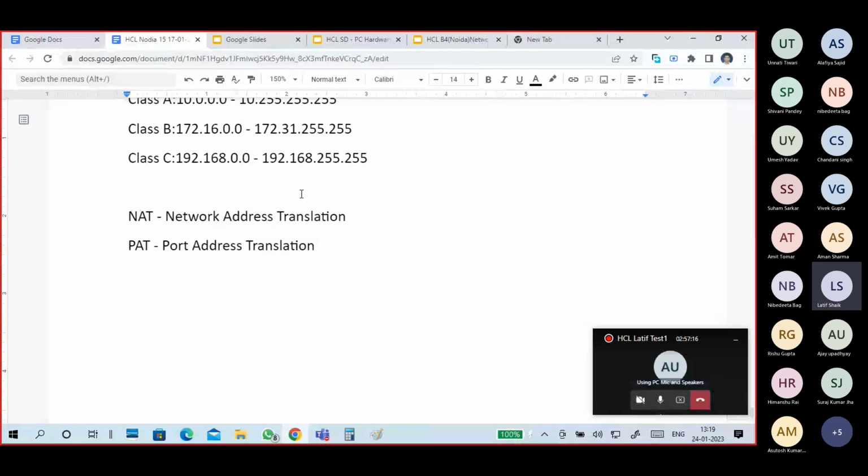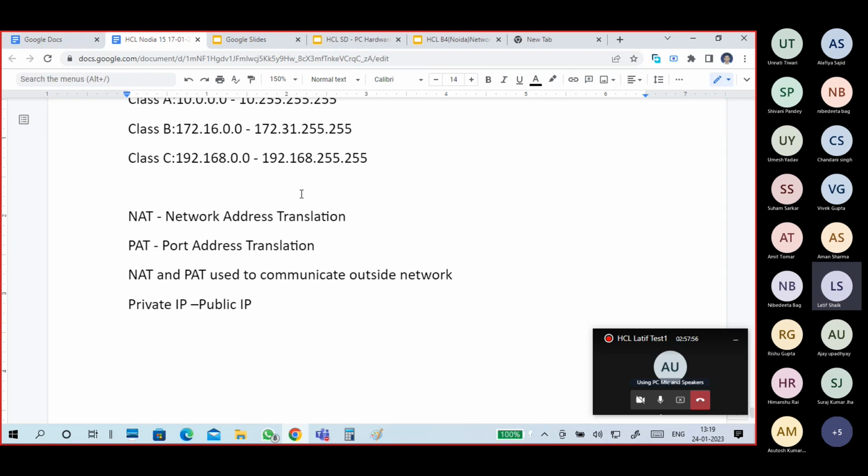It is used to communicate outside of the network.